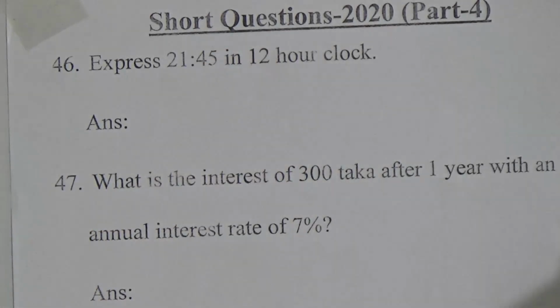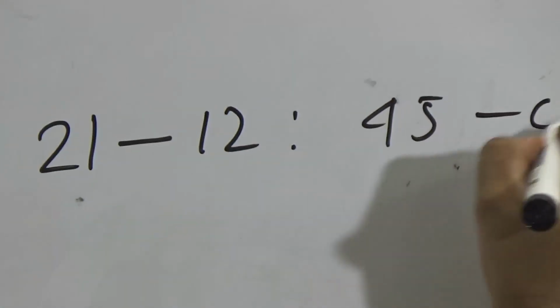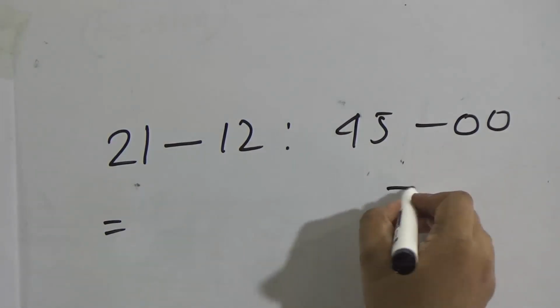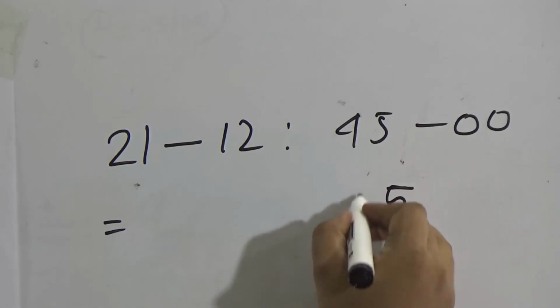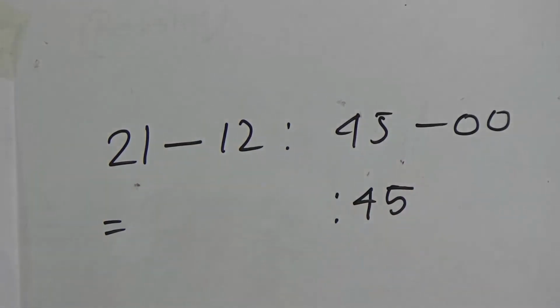That's why 21 minus 12, 45 minus 00. If we subtract 0 from 5, we get 5. If we subtract 0 from 4, we get 4. So 45 minutes. After that, we subtract 12 from 21.